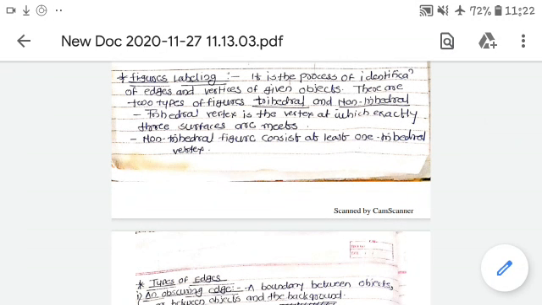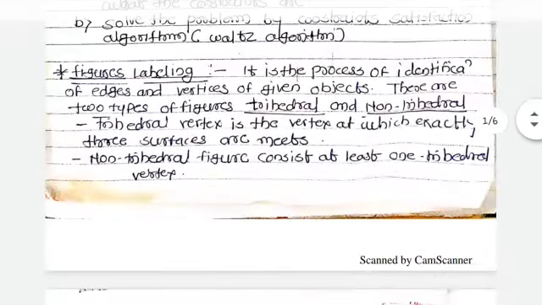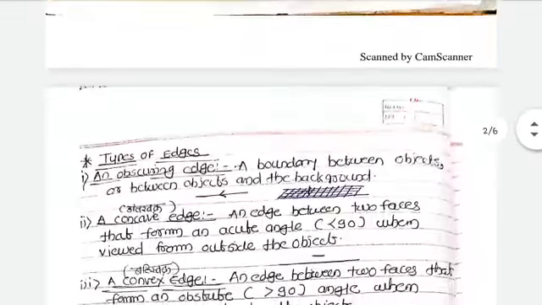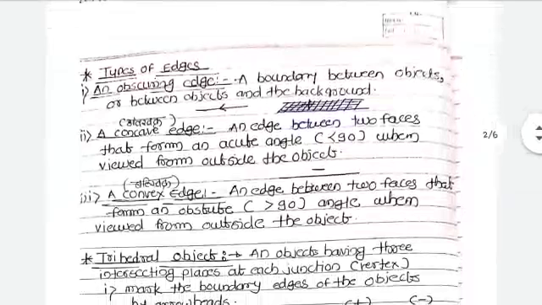As its name suggests, in a trihedral vertex exactly three surfaces meet, and exactly opposite to that, in a non-trihedral figure at least one non-trihedral vertex is available.